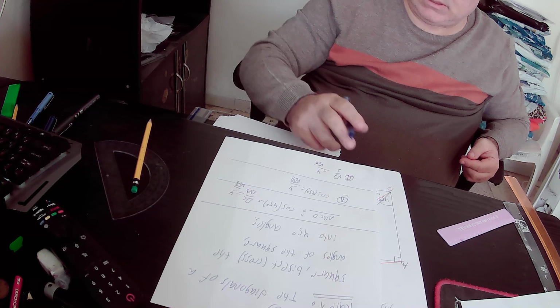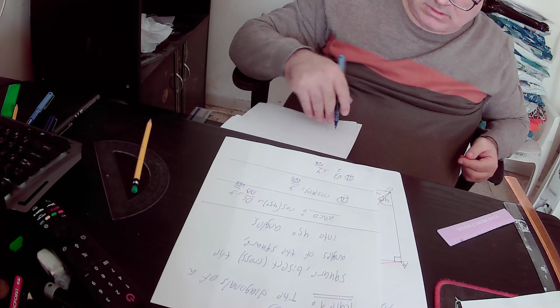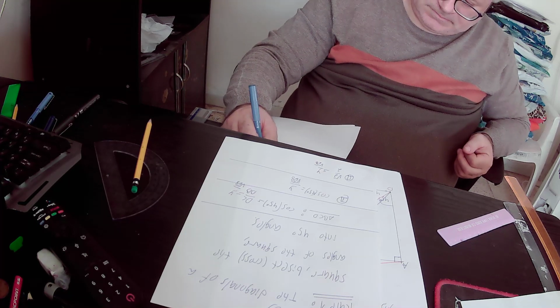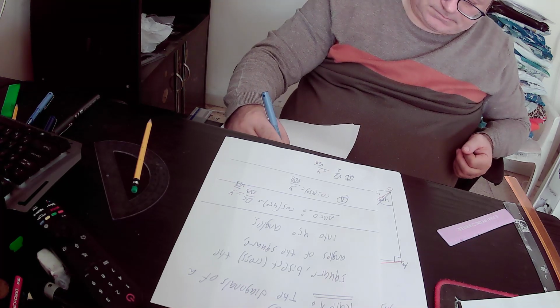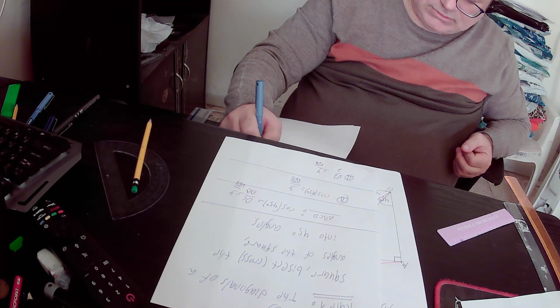Here we will multiply equation number 2 by square root of 68 and we will get that square root 2 over 2 times square root of 68 equals y.